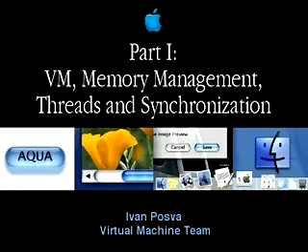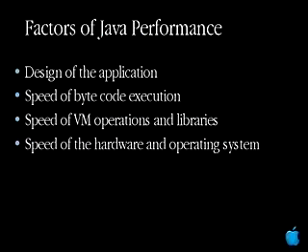Well, thanks, Jim, for the introduction. So let's look first at what the factors of Java performance are. First of all, it's the design of your application. That's the most important part. Second is the speed of the bytecode execution inside the VM, the speed at which we execute the bytecodes of your program.